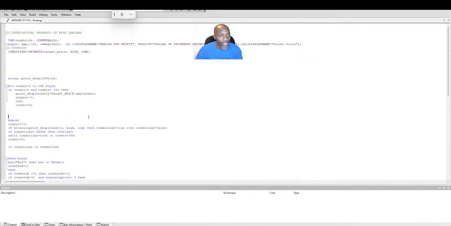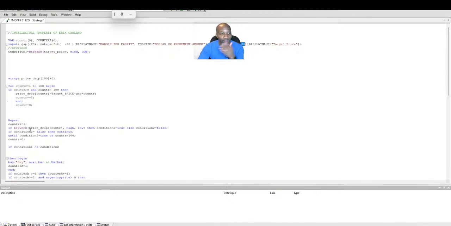All right, and I actually changed it around a little bit. If you change that gap to 20 cents, the target price is going to be 71.20, and then at a gap of 20 cents below 71.20, we'll take another entry. And so to do that, what did I do?